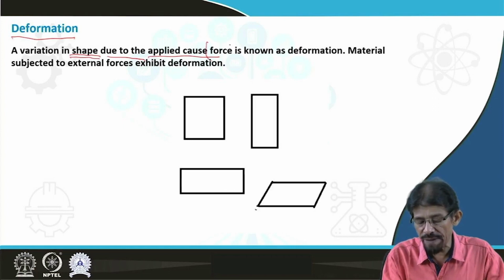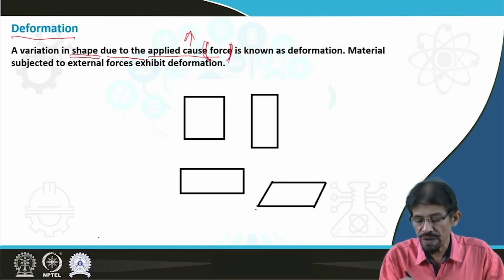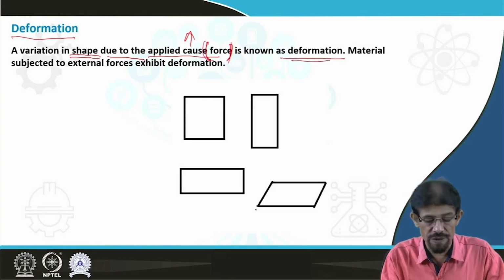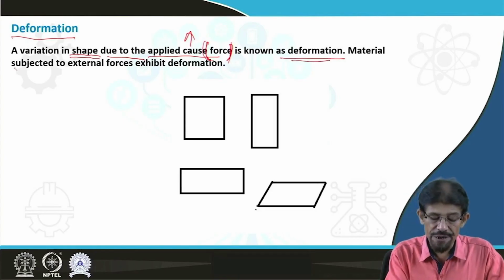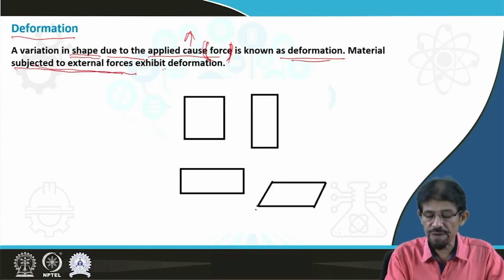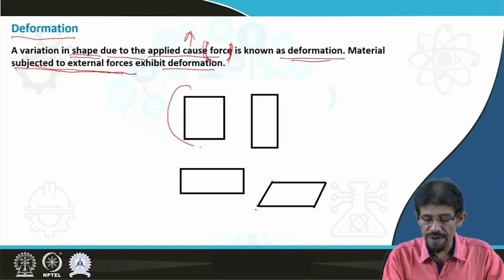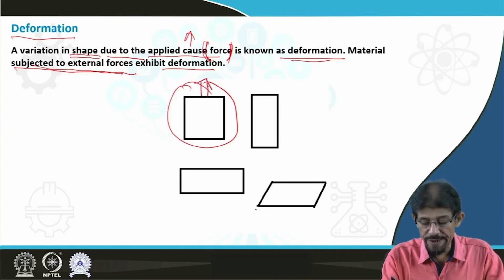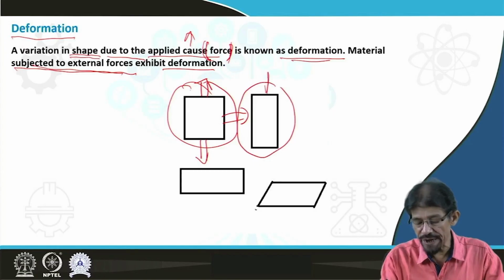The applied cause may be due to human activity or nature, and technically here we consider force. A rock subjected to external forces exhibits deformation. If we provide tension, a pull, to a 2D body, it may show an extended shape.